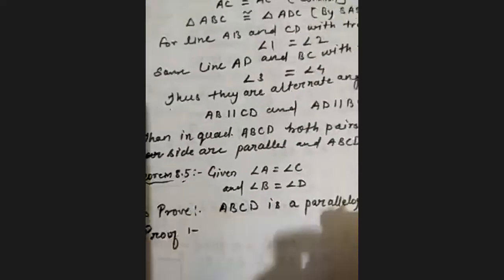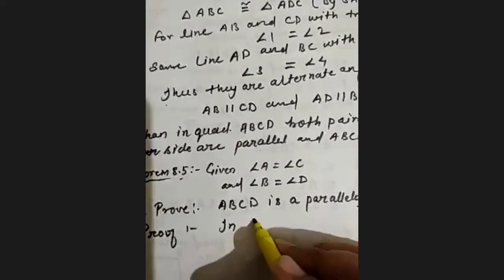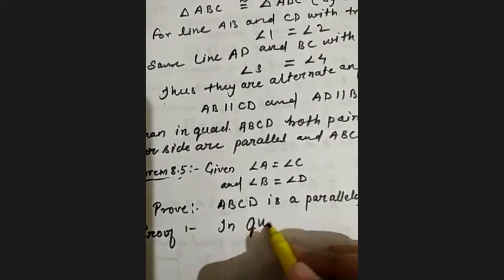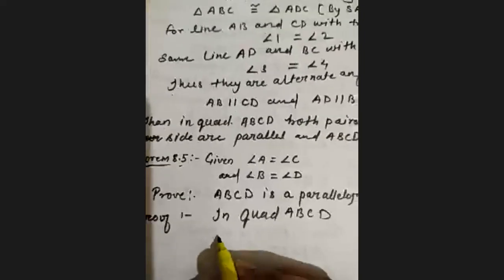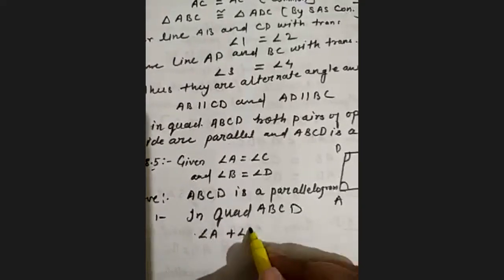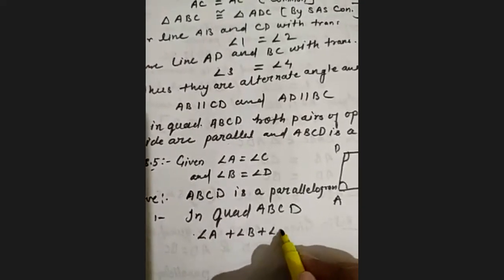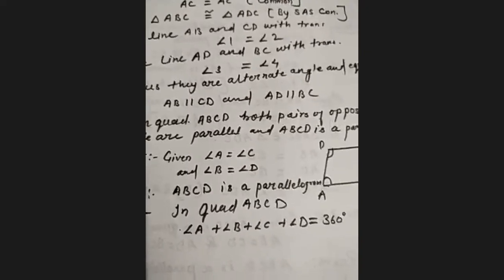First of all, we take quadrilateral ABCD. So we know that the sum of all angles is 360. So angle A plus angle B plus angle C plus angle D is equal to 360. Okay. Here we take the property of the sum of angles. ठीक है, यहाँ हम कौन सी प्रॉपर्टी यूज करके प्रूव कर रहे हैं?